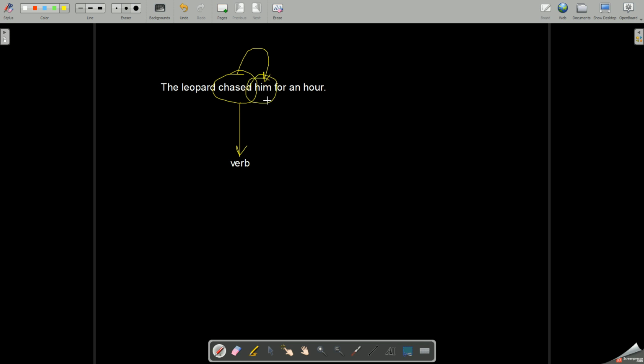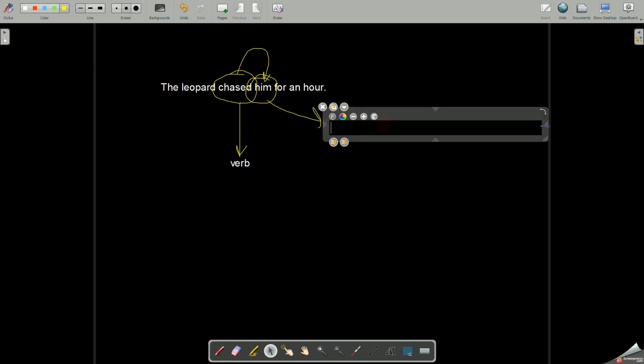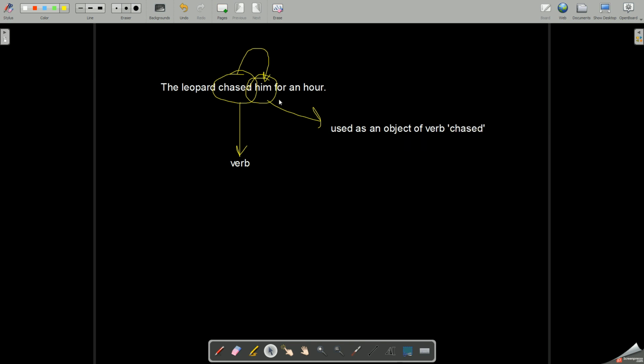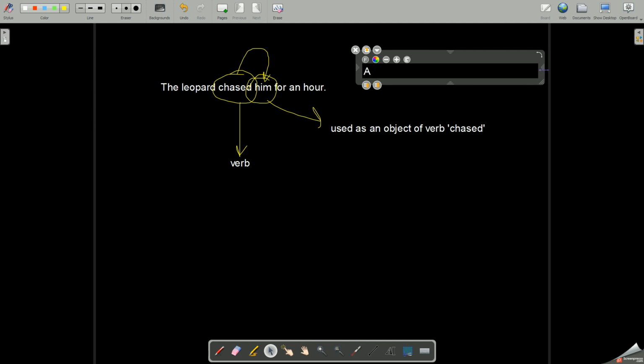Chased him. So this him is being used as an object of the verb chased. So that is why here the pronoun him is in the accusative case.